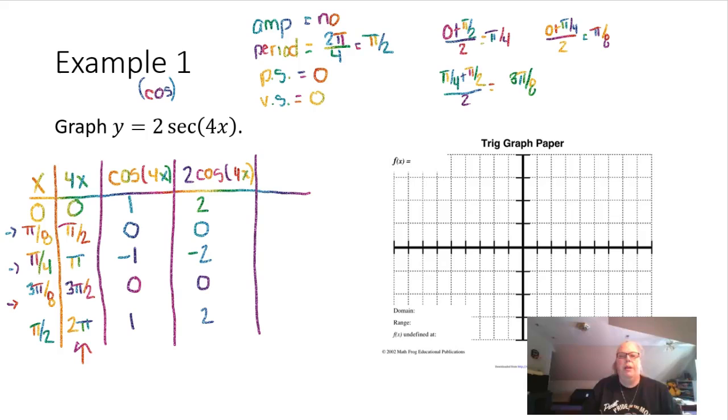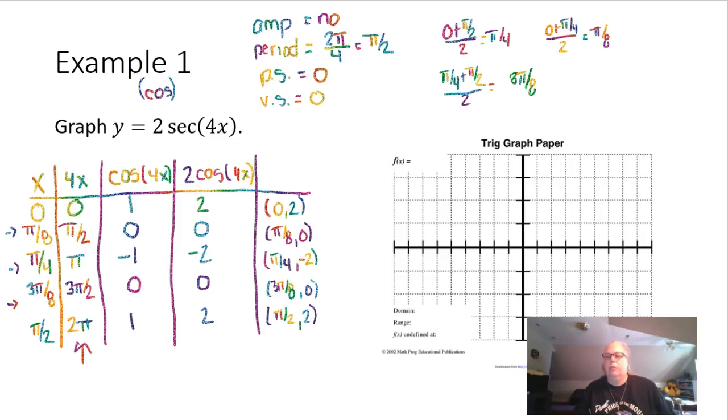That means the ordered pairs I'm going to plot are 0 and 2, pi over 8 and 0, pi over 4 and negative 2, 3 pi over 8 and 0, and pi over 2 and 2.